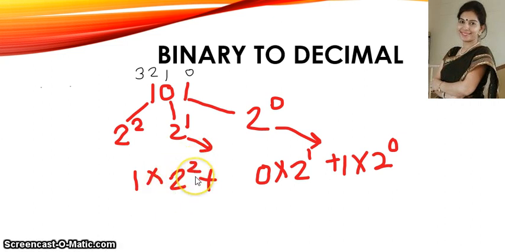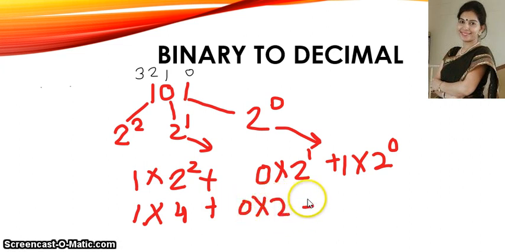So students, I hope you all know how to find out the value of 2 raised to the power 2. What is the value of 2 raised to the power 2 or 2 raised to the power 1? So 2 raised to the power 2 is 4. 1 into 4 plus 0 into 2 plus 1 into 1.